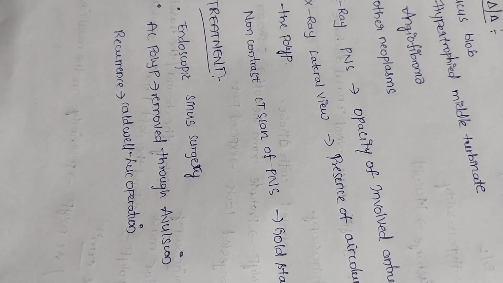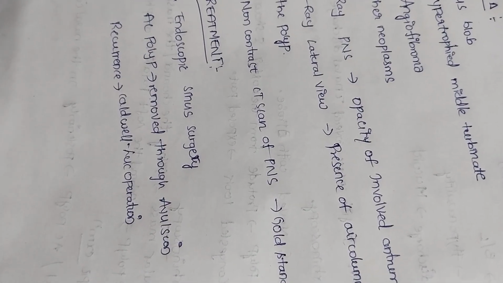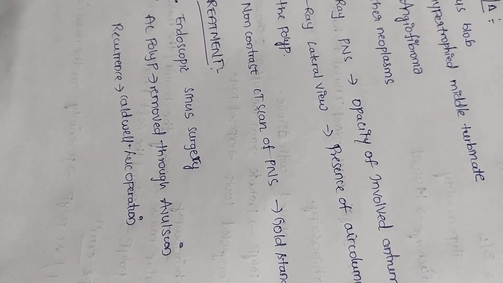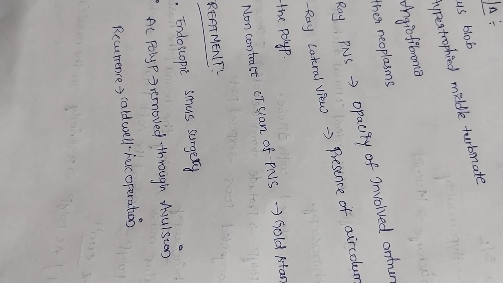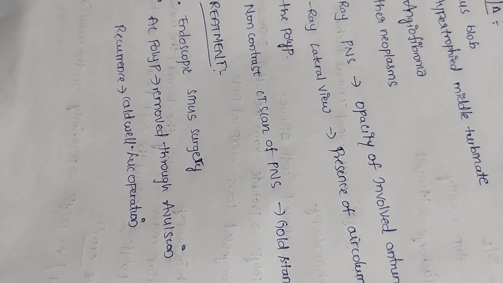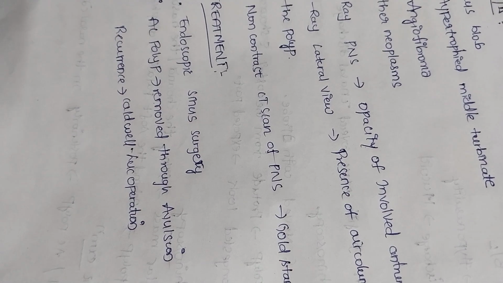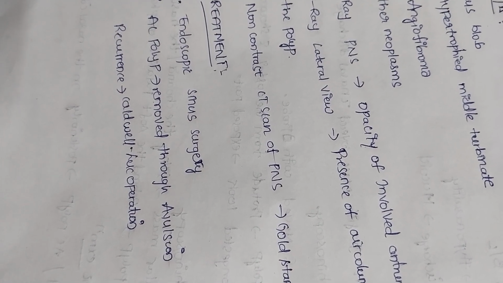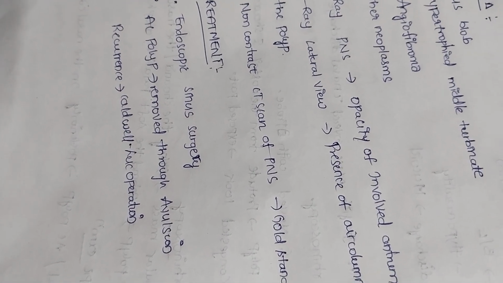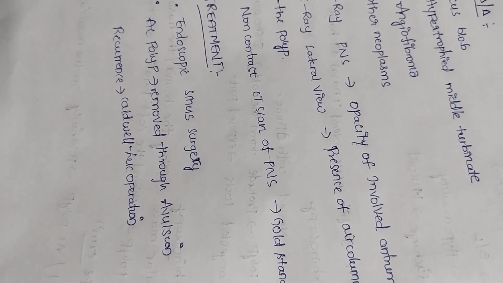If you see an air column behind the polyp, we can differentiate the AC polyp from adenoids and angiofibroma. There will be no air column in case of adenoids and angiofibroma. Non-contrast CT scan of the PNS is the gold standard.